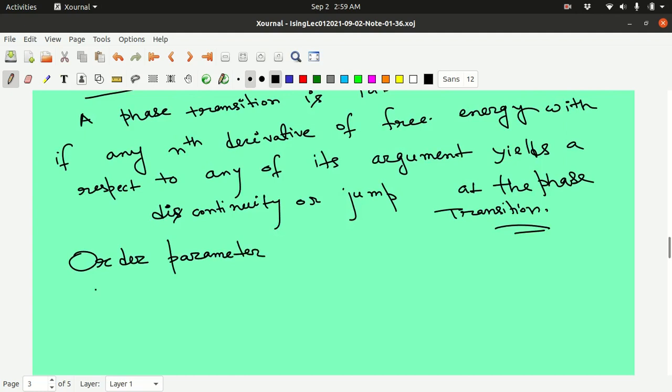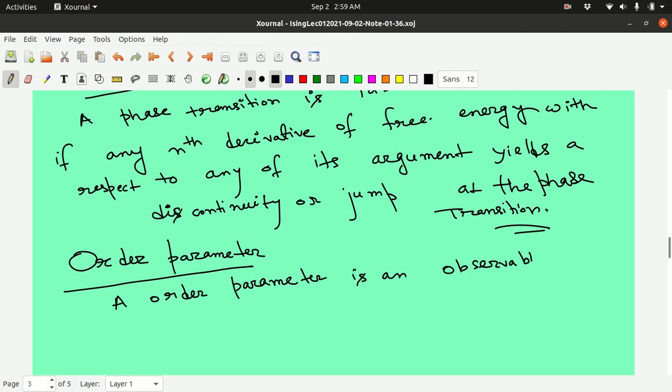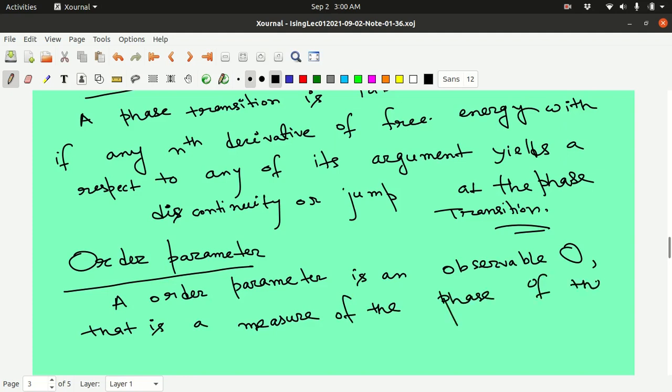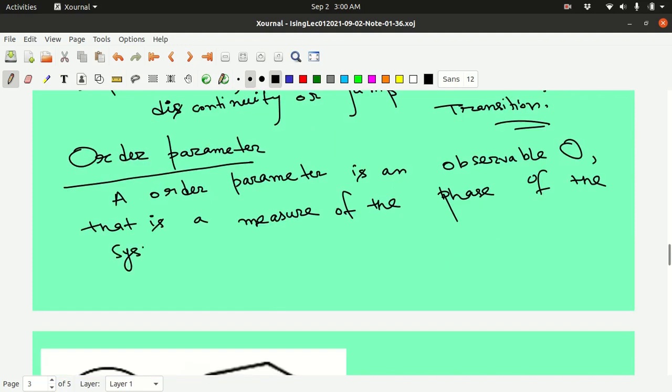An order parameter is an observable, O let's say, that is a measure of the phase of the system. So the order parameter is basically an observable which is a measure of the phase of the system.